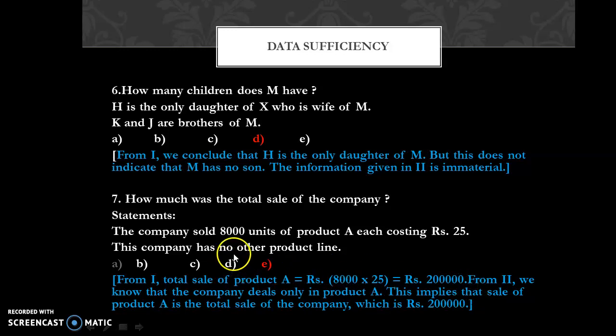And the second statement is also supporting it. There is no other product, which means the total sales of the company is 2 lakh rupees. So the first statement and second statement are both needed to answer this question. So option E is the correct answer.